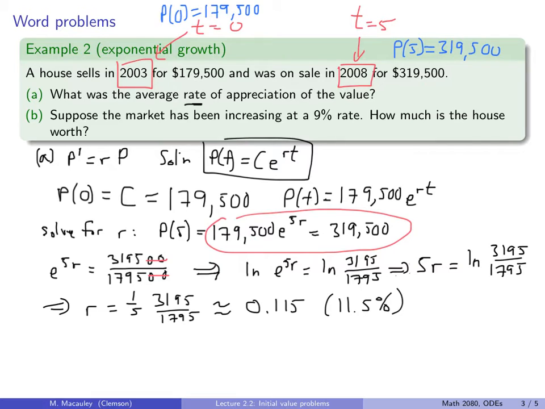So let's do that. Part B is assuming that the market had increased at 9% per year on average, how much is the house worth? Well, in that case, r is 9/100ths. This is in 2008, so what we really want to compute is P of 5.